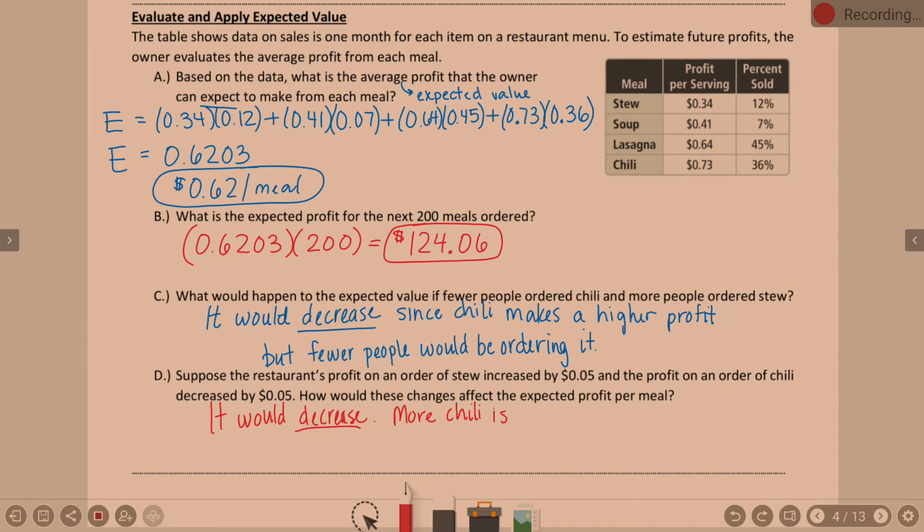More chili is sold, so an equal increase in stew would not be enough to offset chili.